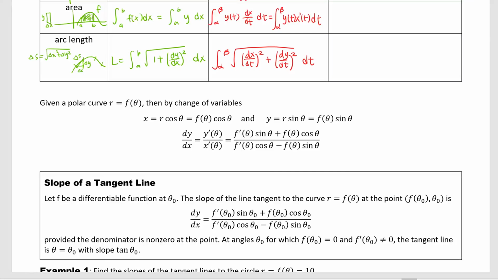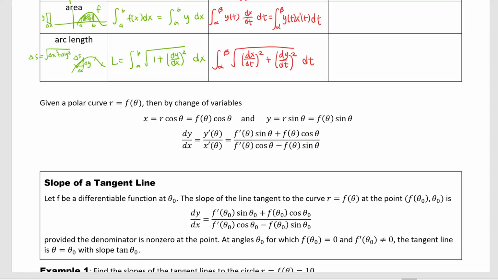Well then, what's dy dx? Because they are both functions of theta, you remember that is y prime of theta over x prime of theta. To differentiate y, this is a product, so we use the product rule: the derivative of the first, times the second, sine theta, plus f of theta times the derivative of sine, which is cosine.